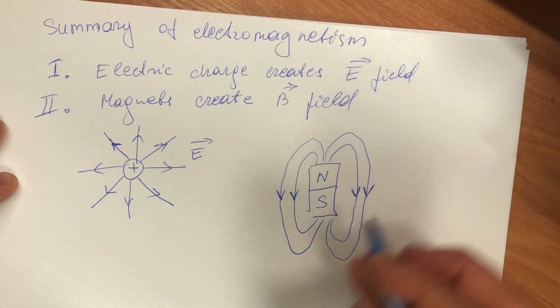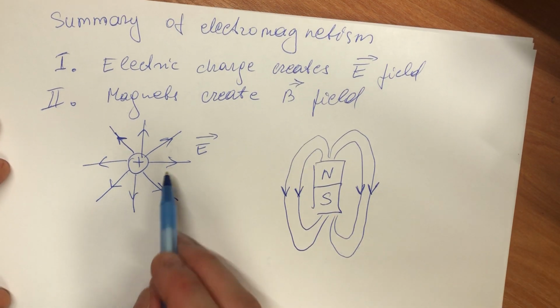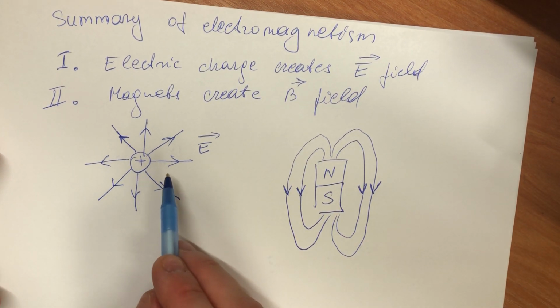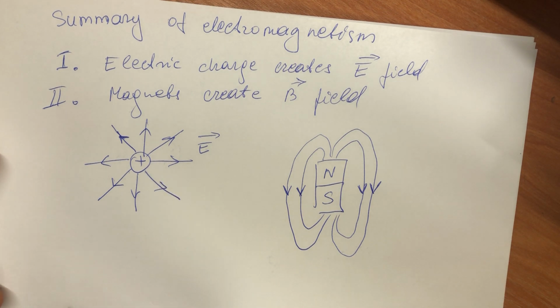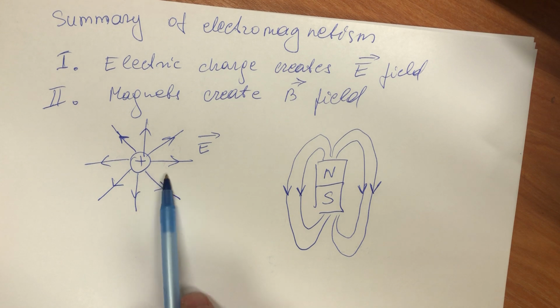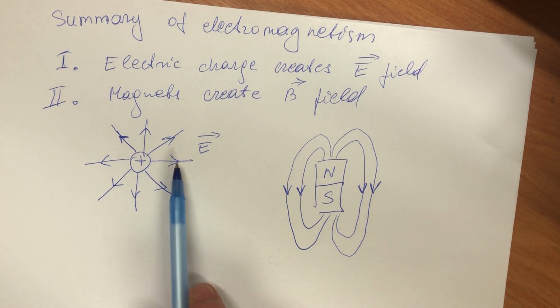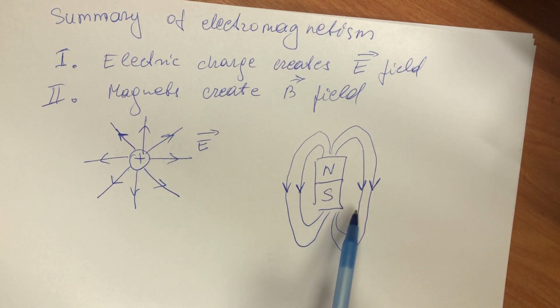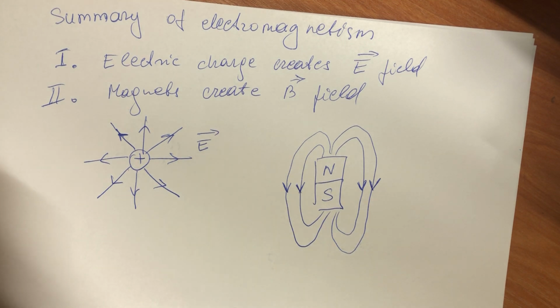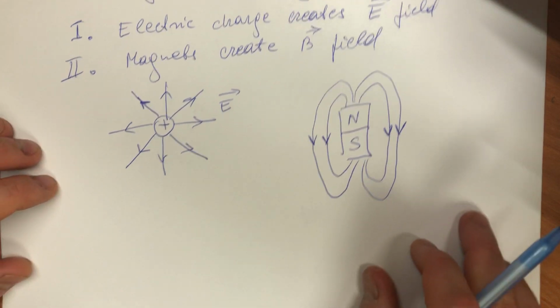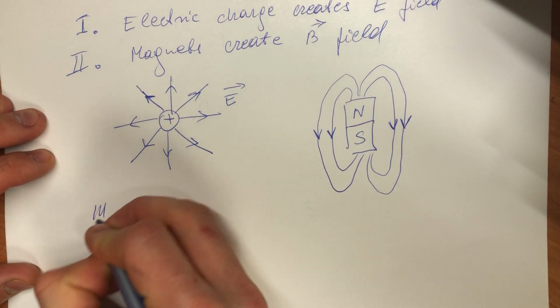All the lines that go come back, but in the electric field, those lines that go don't come back. Remember this? This means that the lines of electric field diverge and these converge. These specific terms you don't need to know.